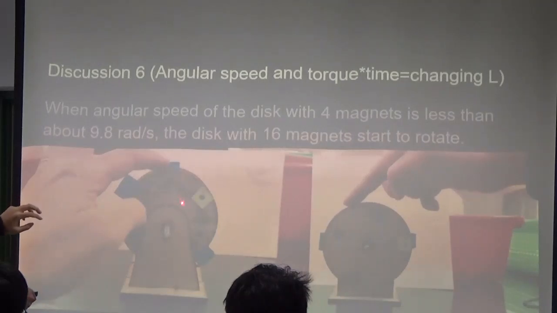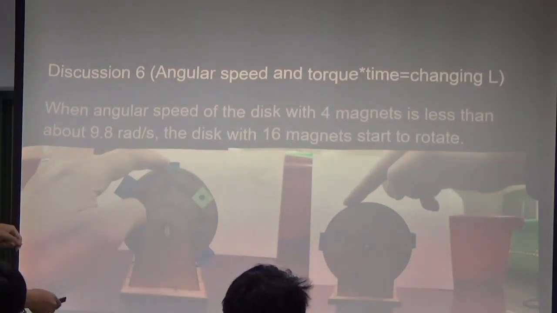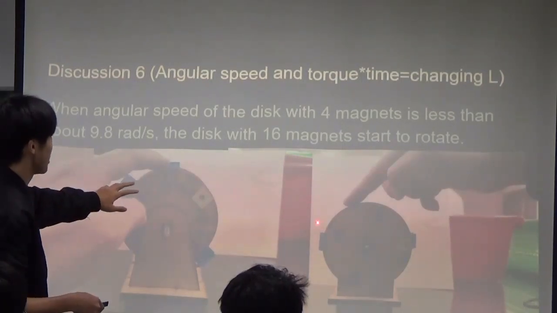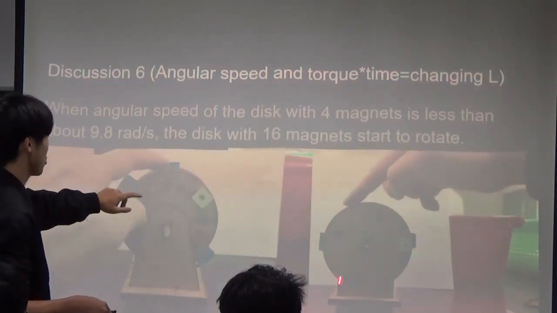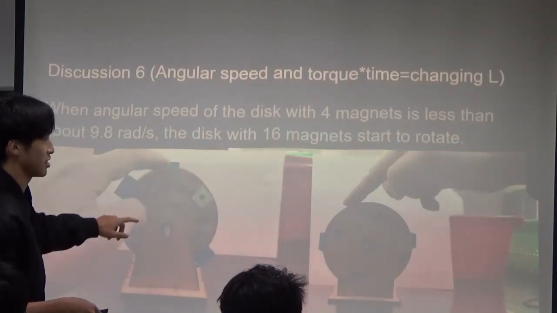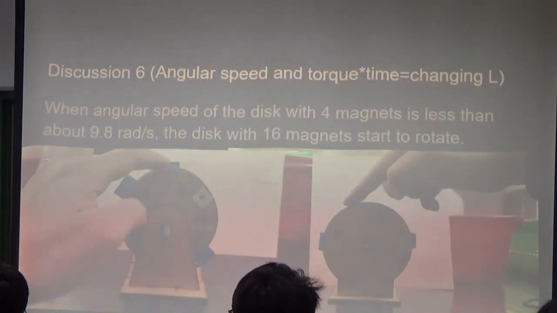But our experimental outcome is that no matter how slow the disk with 16 magnets becomes, the other one will not move at all, which is opposite to the experimental outcome of this one.